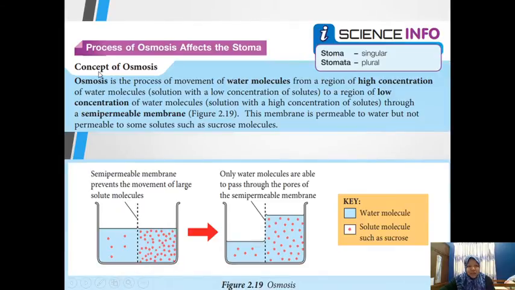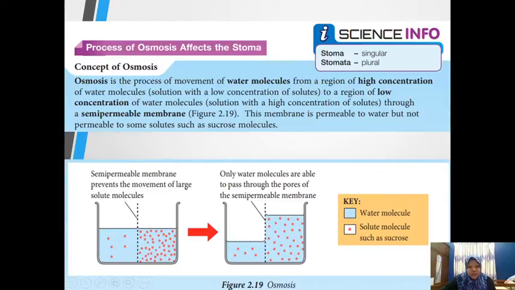Osmosis is a process of movement of water molecules from a region of high concentration of water molecules, solution with low concentration of solutes, to a region of low concentration of water molecules, solution with a high concentration of solutes through a semi-permeable membrane. So this membrane is permeable to water but not permeable to some solutes such as sucrose molecules.